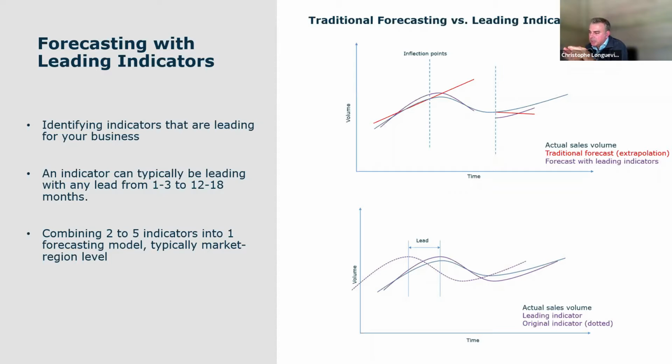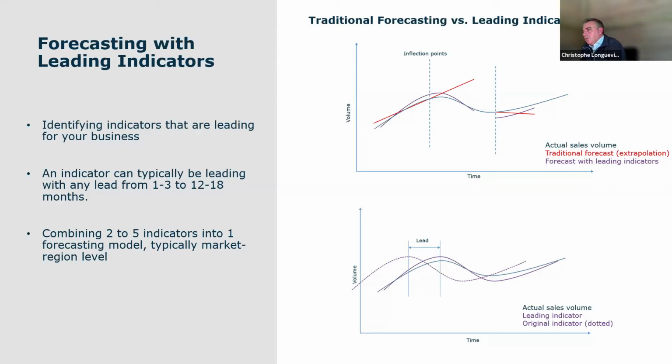This is the whole concept. On the lower side of the graphic you see this lead. We call that the lag, and that's also where the terminology of leading indicators comes from, because certain indicators have a predictive value for your target variable. It can be 1 month, 3 months, but it could even be 12 months or 15 months.